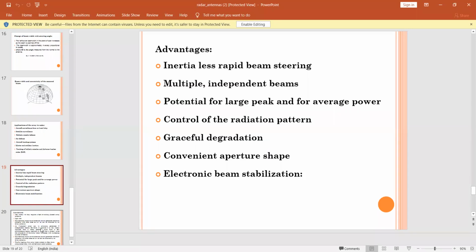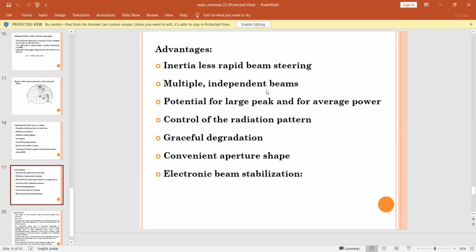We have seen the applications of the array of antennas in radar. Now come to the advantages. The first is inertialess rapid beam steering.